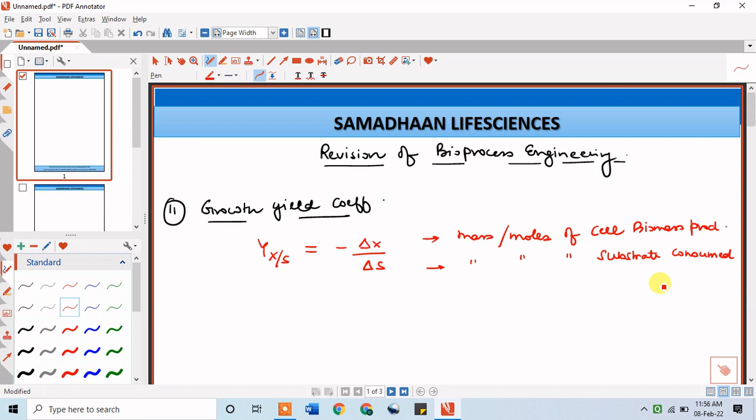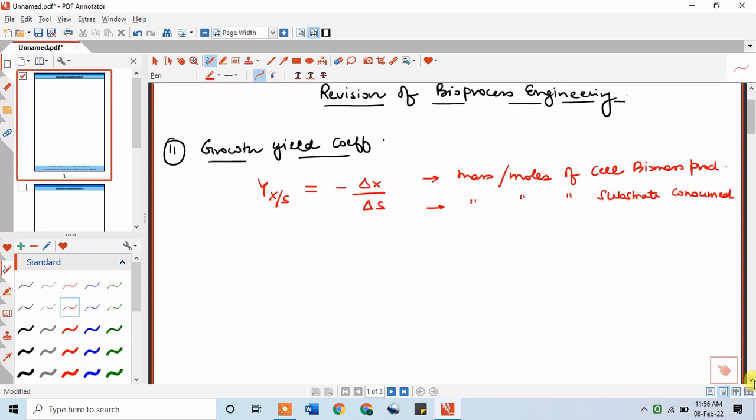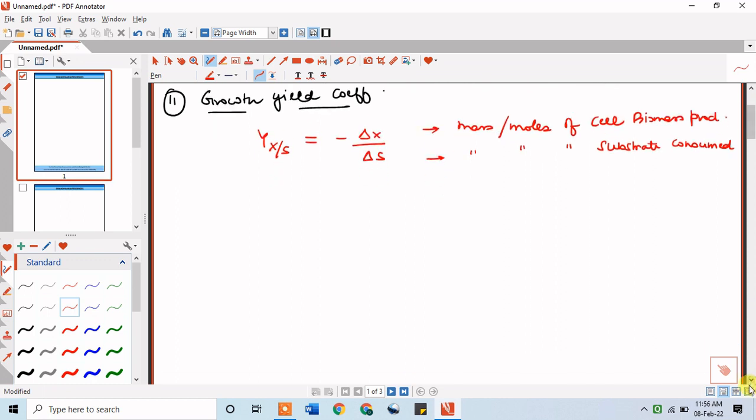And there is another similar type of parameter, जिसको हम लोग बोलते हैं observed biomass yield. So this is growth yield coefficient: in simple terms, Yxs is equal to negative delta x by delta s, where delta x is the moles or mass of cell biomass produced, and delta s is the mass or moles of substrate consumed. And what about observed biomass yield?